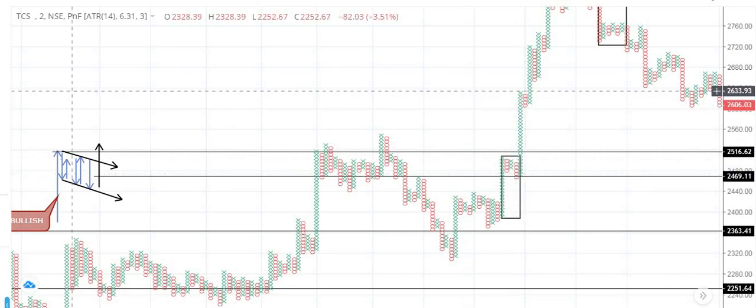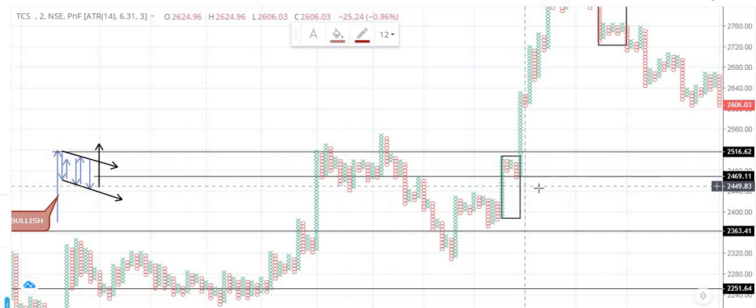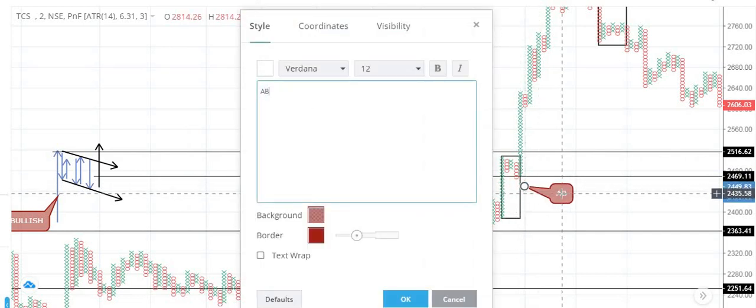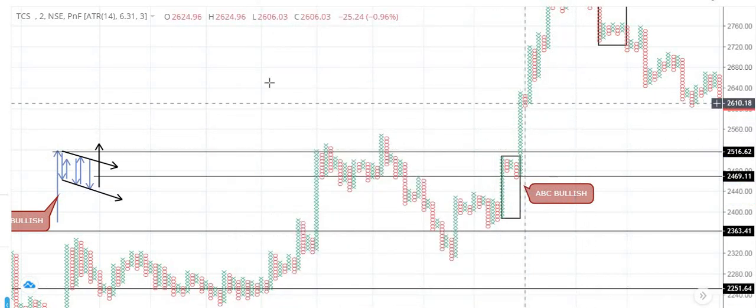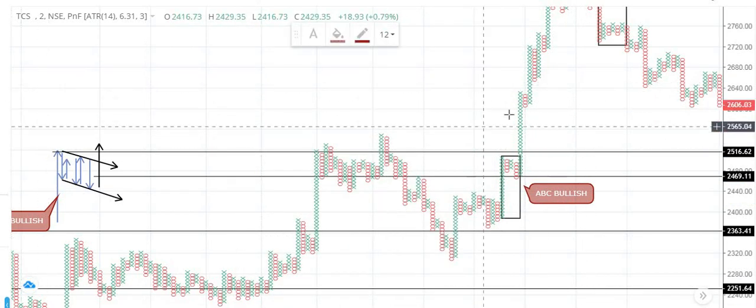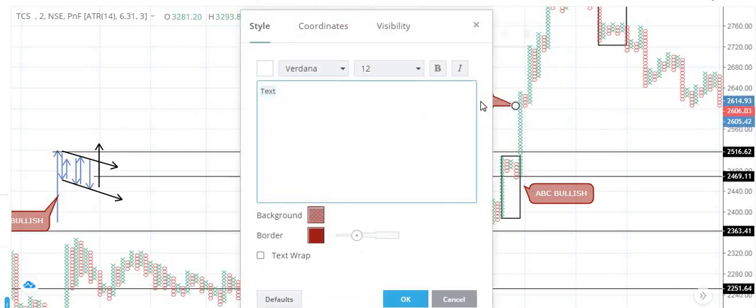This is ABC pattern, this is ABC bullish, this is bullish momentum, right?